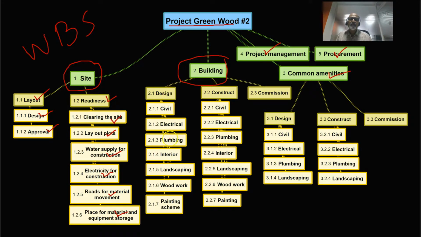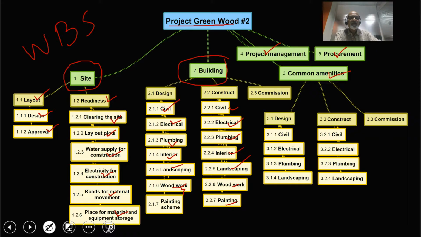Similarly, the design also gets decomposed further into civil, electrical, plumbing, interior, landscaping, woodwork, painting, etc. And the building construction gets decomposed further into the civil part, electrical, plumbing, interior, landscaping, woodwork, and painting.